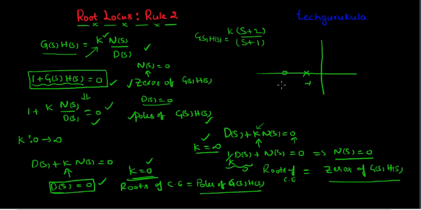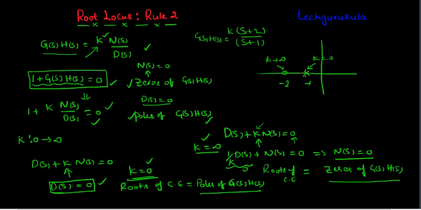And take 0 here, which is -2. Now when k equals 0, the root of the characteristic equation will be this pole. And when k tends to infinity, the root will be this zero.